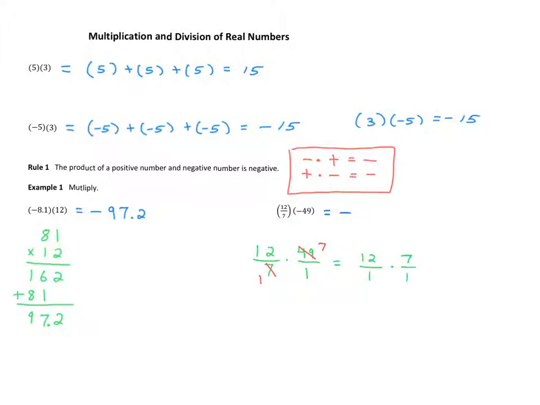And since the denominators are all 1, this is really just 12 times 7. So if we multiply 12 and 7, you get 84 is the answer. So the answer to this question is actually negative 84. So this is what it looks like to apply Rule 1. A positive times a negative is negative.